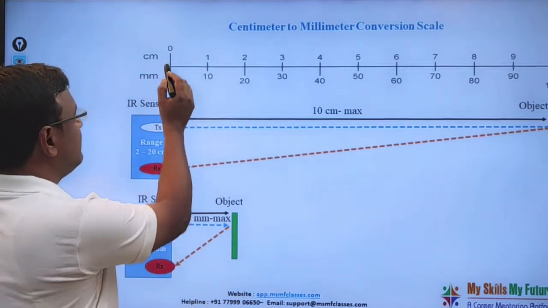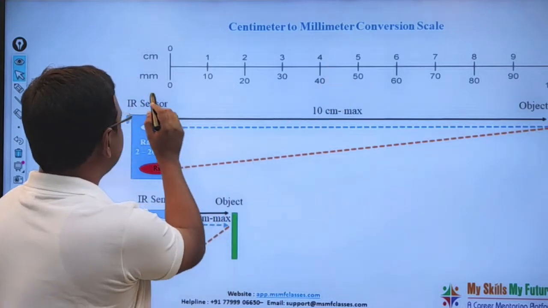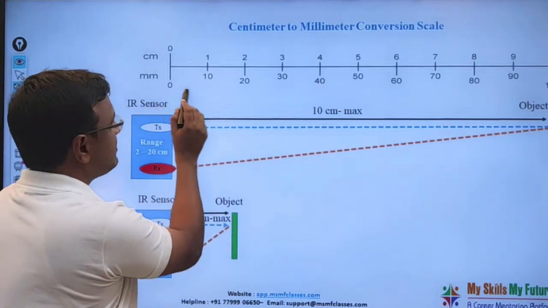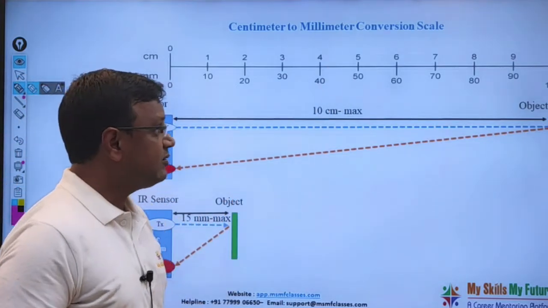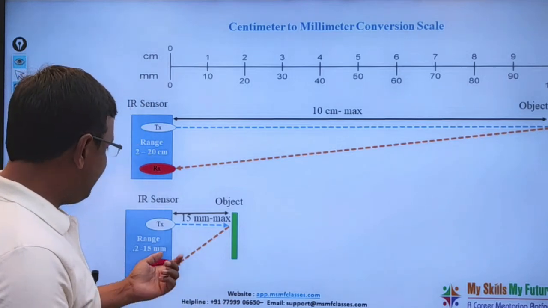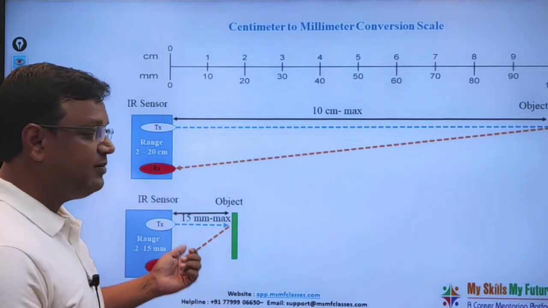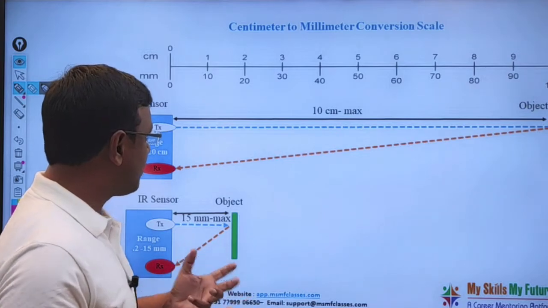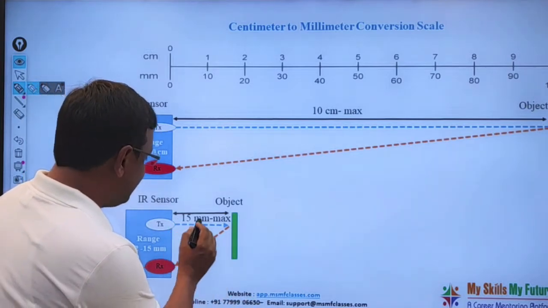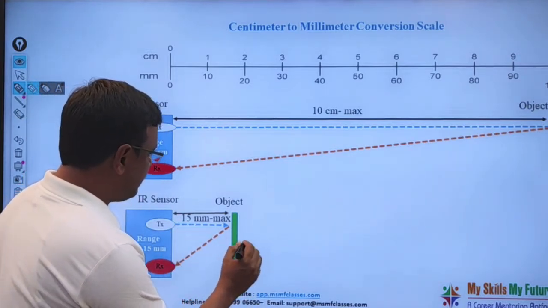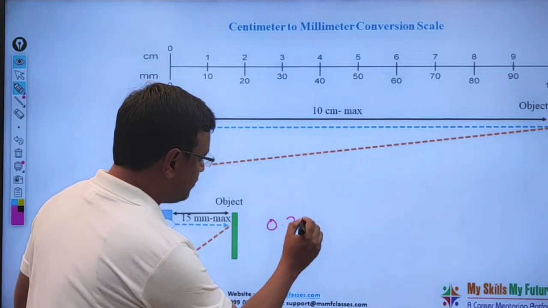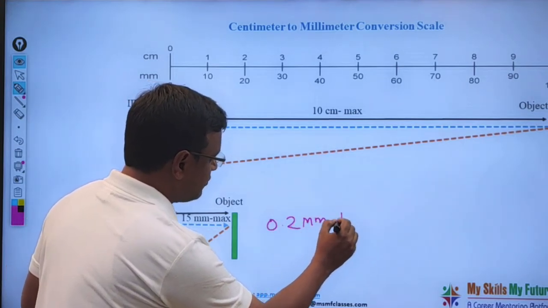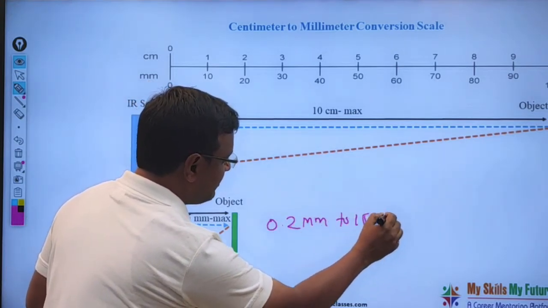You can see the centimeter range above, and this one is your millimeter range. Imagine that I am taking a millimeter range sensor for our project, then I can adjust the range between 0.2 millimeter to 15 millimeters.